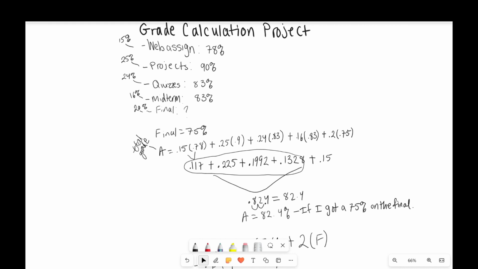I realized I would have to add up all of the averages to determine what the final grade would be, but I would also have to multiply them by their percentage of the total grade. Then I plugged in 75 for the final. So this is the final, this is the midterm, this represents the quizzes, this represents the projects, and this represents the web design.